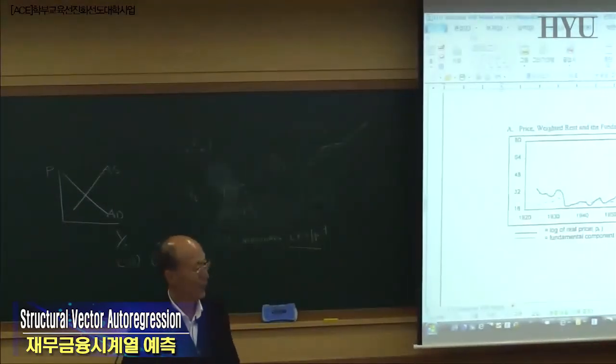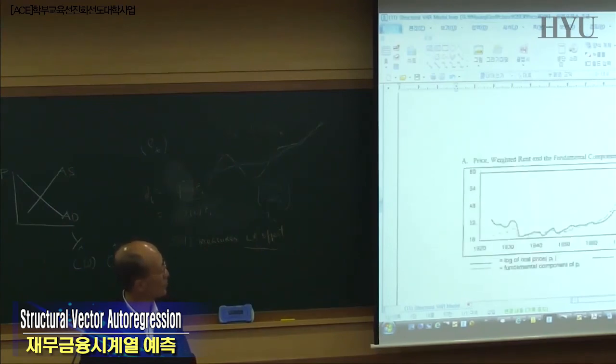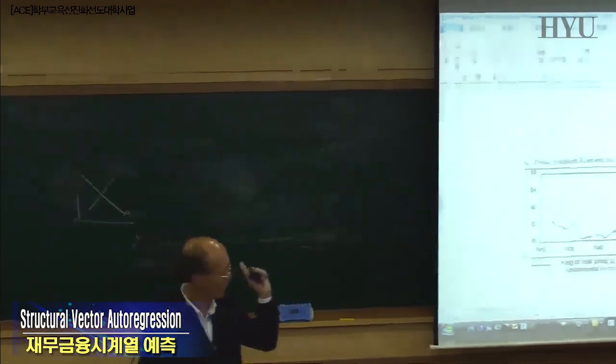If you are asked to do something similar to this using time series methods, this is the one you probably want to go back to. Of course, finding this fundamental value could be done using other methods.